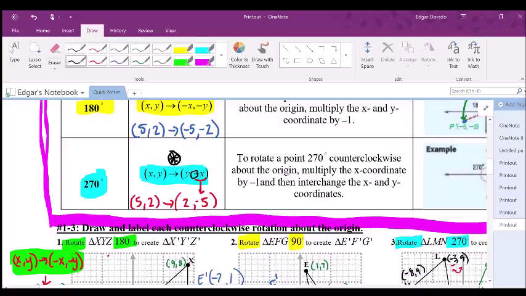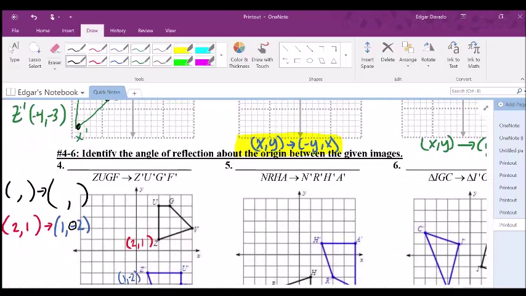So this is actually going to be a rotation of 270 degrees counterclockwise. The rule was (x, y) to (y, -x).